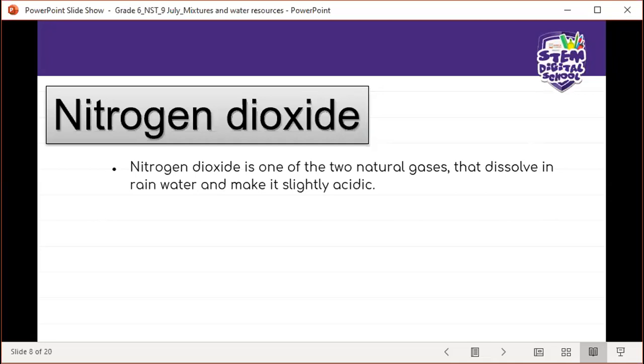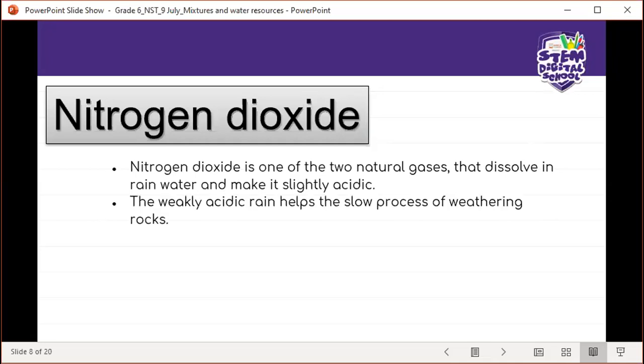Yeah? So nitrogen dioxide makes rainwater acidic. Okay, so it makes rainwater acidic. And then the weakly acidic rain, it helps the slow process of weathering rocks, right? So the weakly acidic rain helps the slow process of weathering rocks.